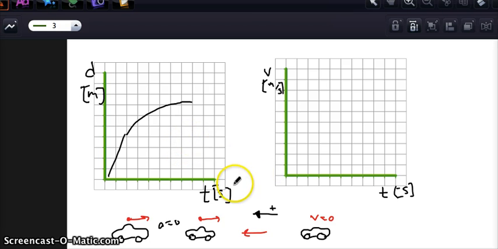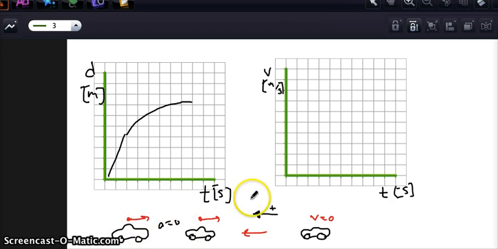Now, let's go over and take a look at our velocity versus time graph. Of course, we could talk about these being speeds, and the only difference really between speed and velocity is that we're giving it a direction. Because we drew this speed as a vector, it has a direction, and therefore a speed is a velocity. So we have our car.